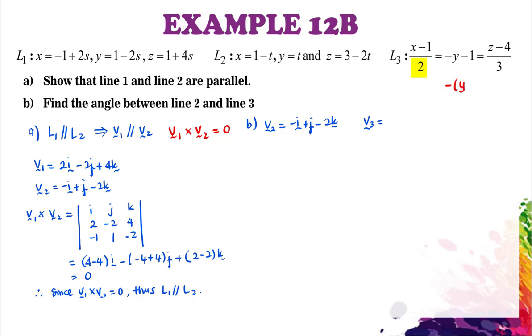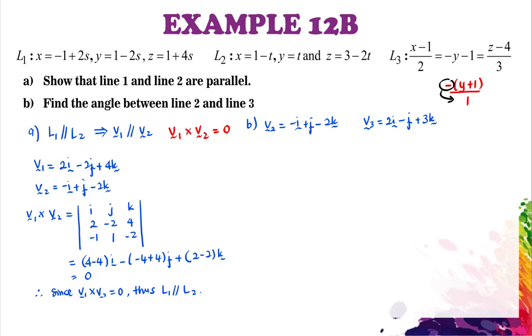And for the j component, we have to simplify, which is negative y plus 1 in bracket, so the negative we have to bring down. So your v for the j component will be negative 1. And then for the k we have 3. So your v3 will be 2i minus j plus 3k.